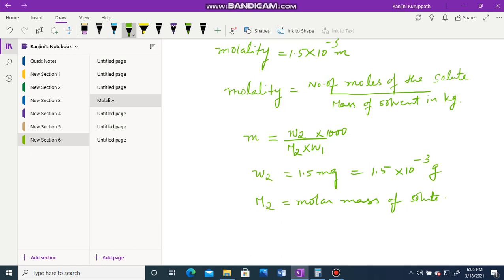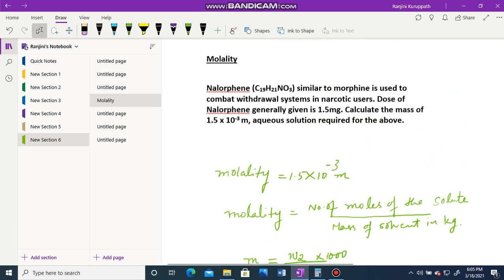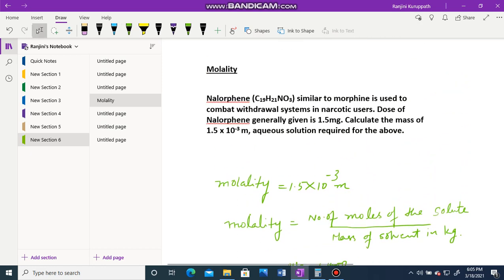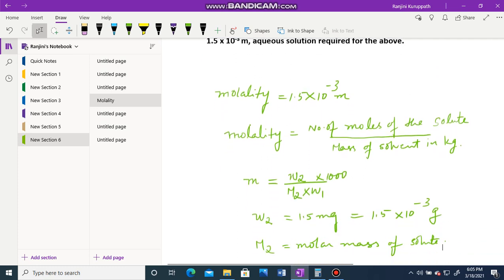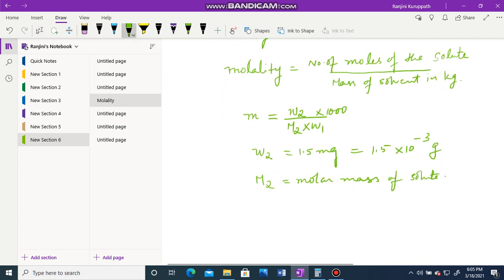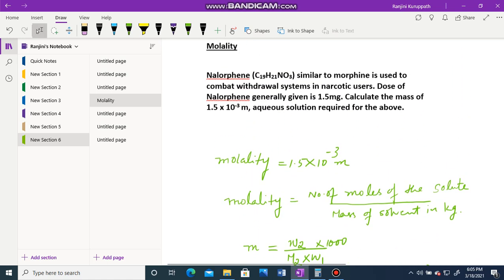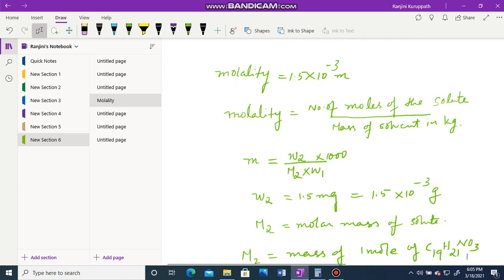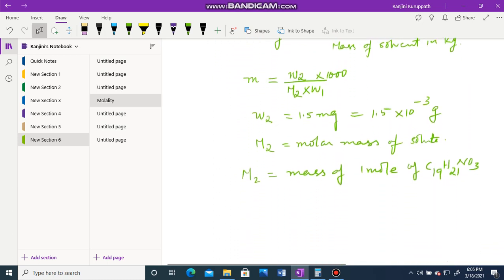Is it given? The mass is not directly given, but the formula is given, C19H21NO3. So M2 will be equal to the mass of 1 mole of C19H21NO3. It's not NO2 but NO3. Easily you can calculate, because you know the masses of carbon, hydrogen and oxygen.